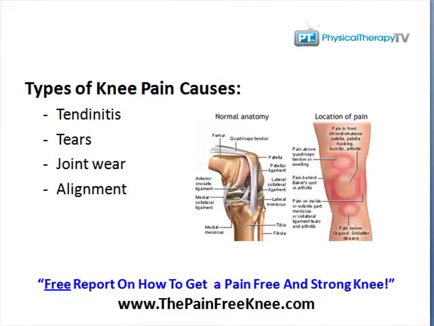Now, knee pain can be caused by trauma, it can be caused by wear and tear over time, it can be caused by muscle imbalance or overuse leading to conditions that range from tendonitis to a torn tendon, joint wear such as arthritis or a meniscus tear, or just a biomechanical issue, which we see in most patients is the case, such as alignment issues where your kneecap is being irritated either due to weak hip muscles, tight calf muscles, or a combination of that.